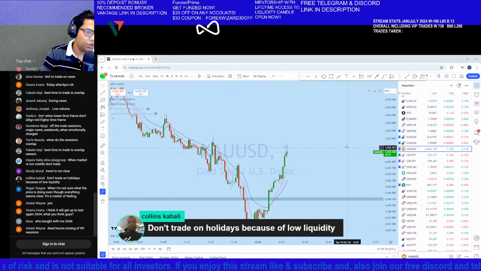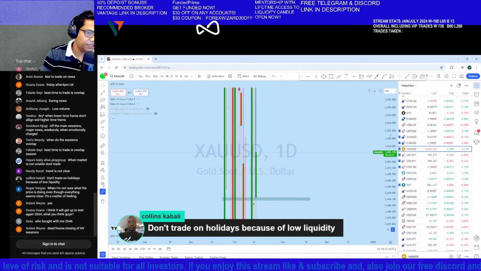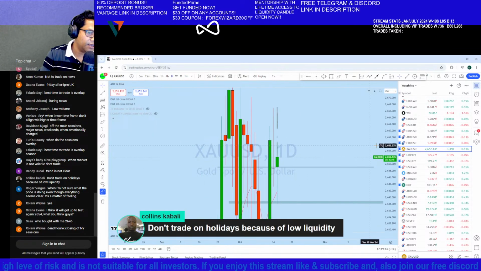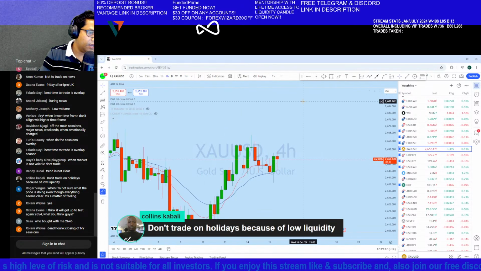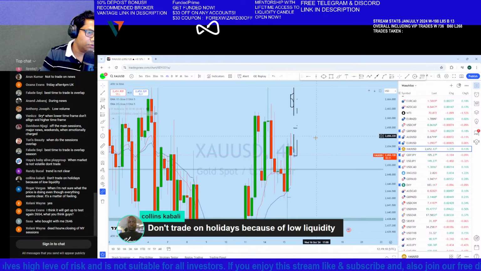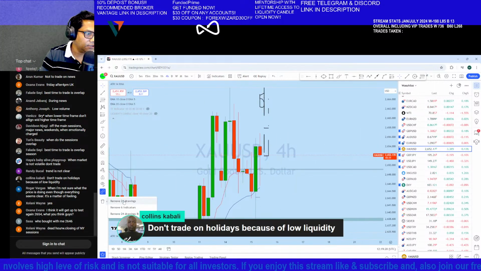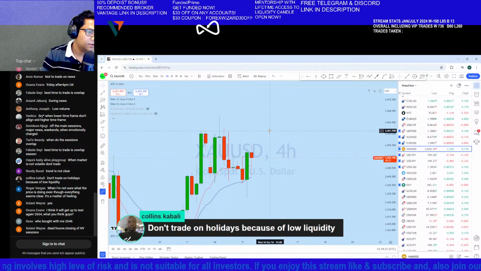Guys, we are waiting. As you can see from the daily, it had a bounce, and because it had a bounce, we might see here a retest of this resistance line.